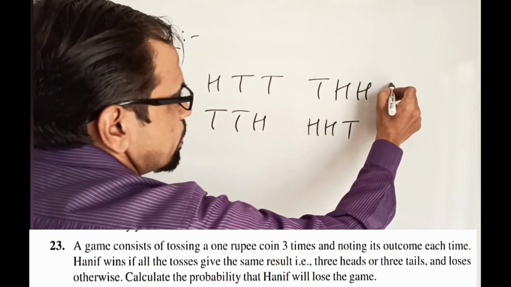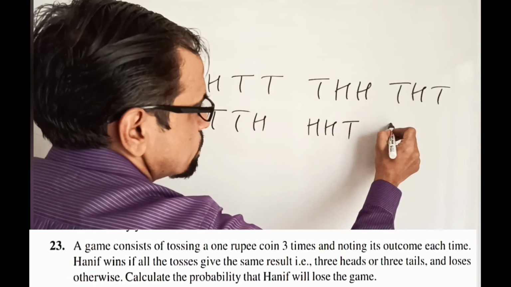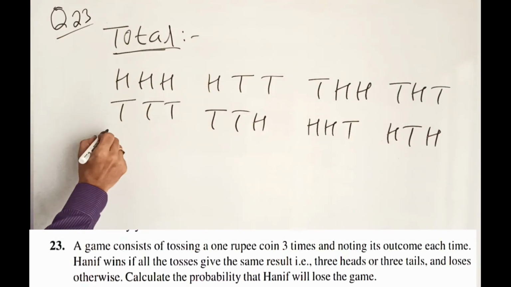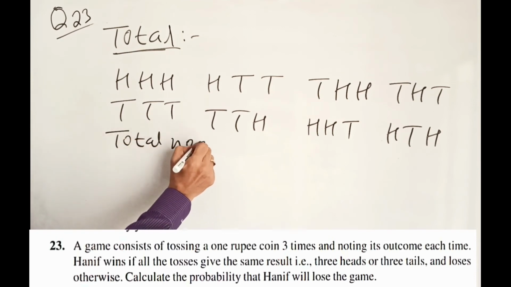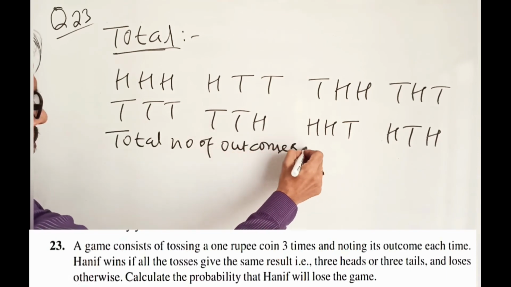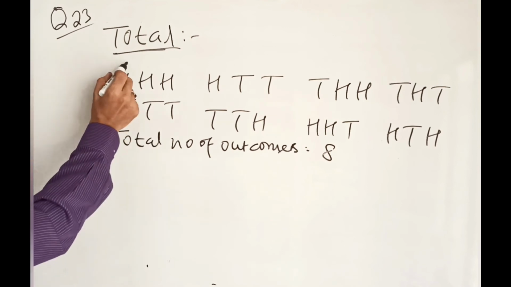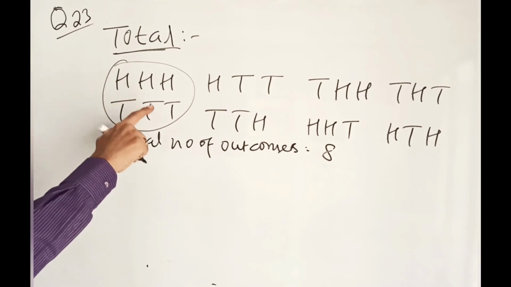Now let us take the in-between head and tail, and opposite of this one head tail head. So the total number of outcomes are 8.